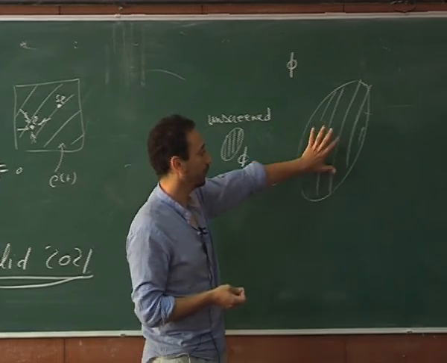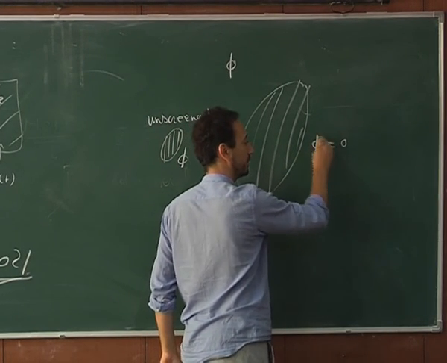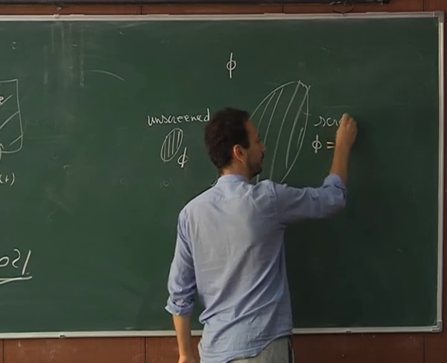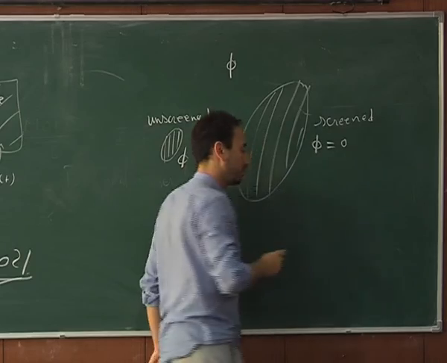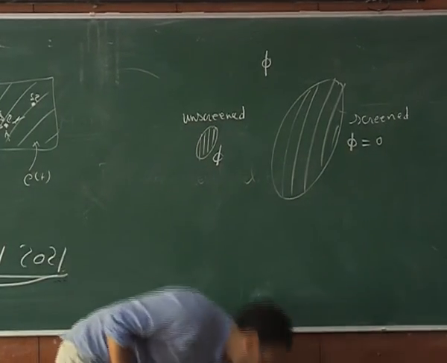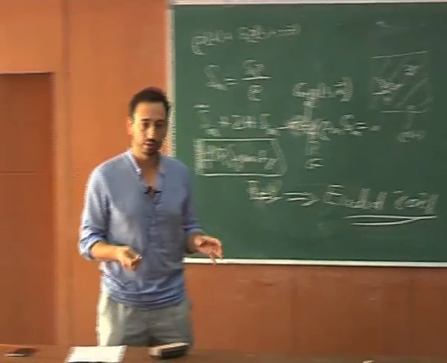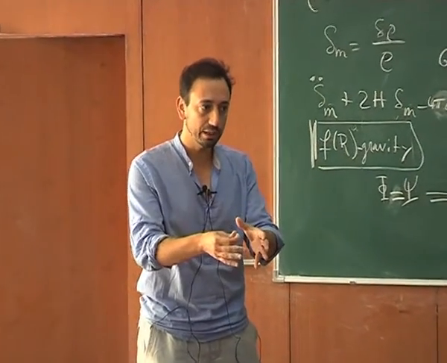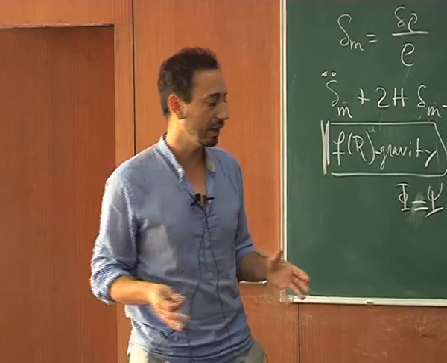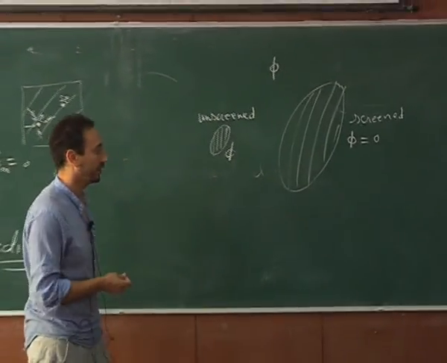Here you have a lot of matter, so the scalar field just disappears. It will be screened completely. So depending on where you are, in a small galaxy or in a large galaxy, you will see different effects, because that scalar field couples to matter, to the environment which is there.